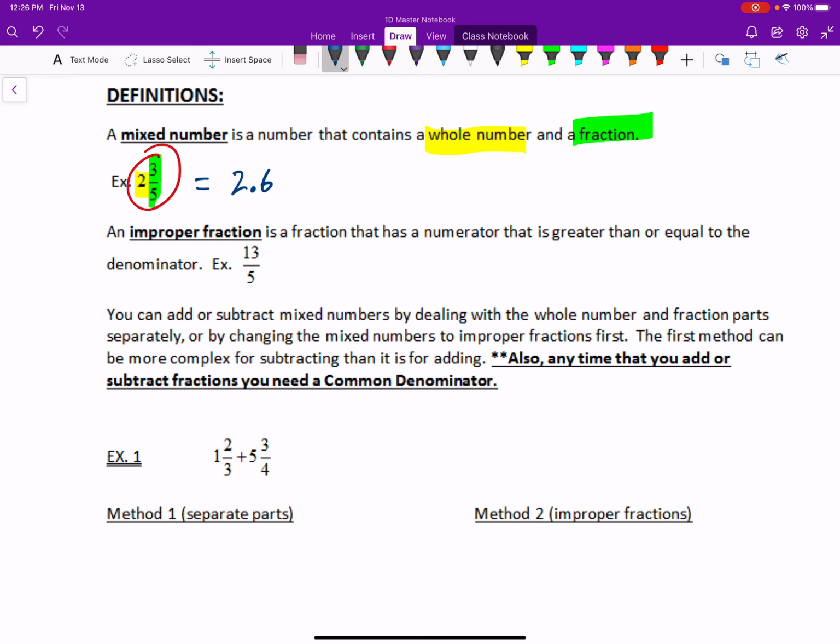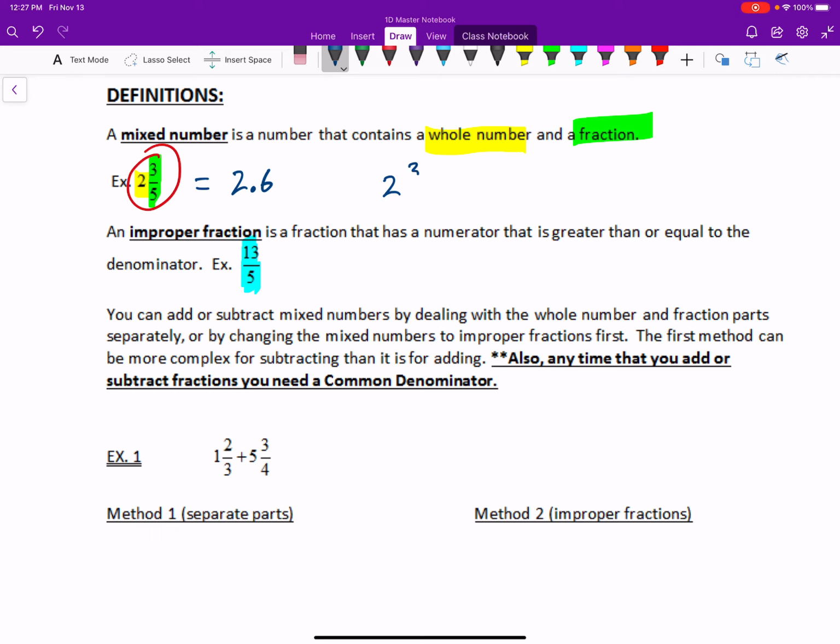Compare that to an improper fraction. That's a fraction where the numerator is greater than the denominator. So, for example, you've got 13 over 5. I can switch something from a mixed number to an improper fraction using the following technique.